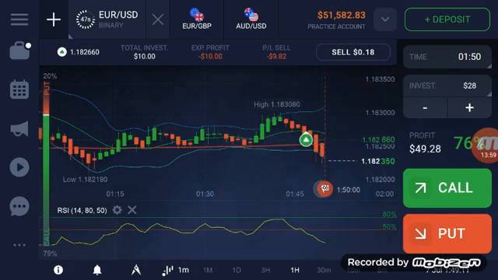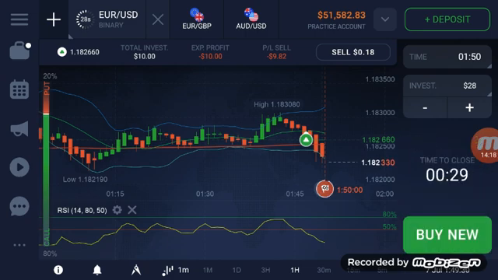This is kind of hard to read. It's so powerful on the downtrend, but it's been there for a while. So what should I do? I'm running out of time on this candle.